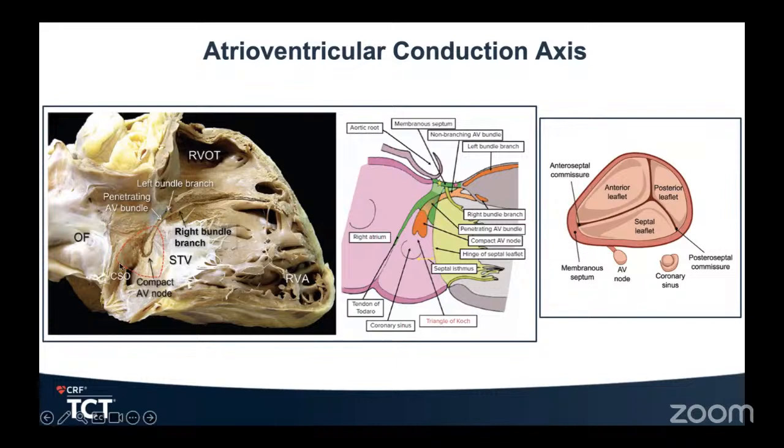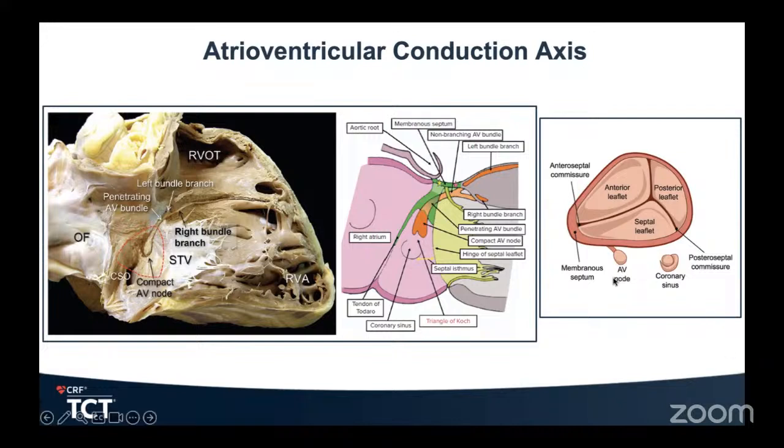This is the portion where the compact AV node is, and then the penetrating branches from the atrioventricular node are very close to the tricuspid valve before bifurcating into the left and the right bundle branch. So this proximity between the atrioventricular node and the tricuspid valve puts all the interventions on this valve at very high risk of heart block or, in general, conduction abnormalities.